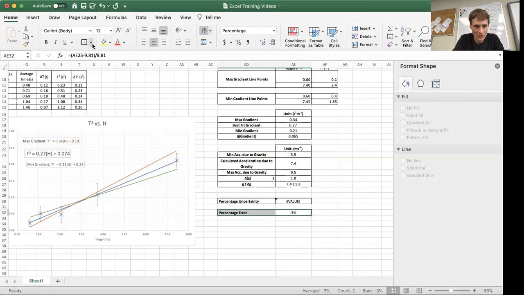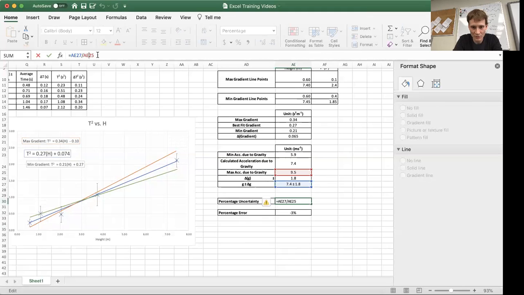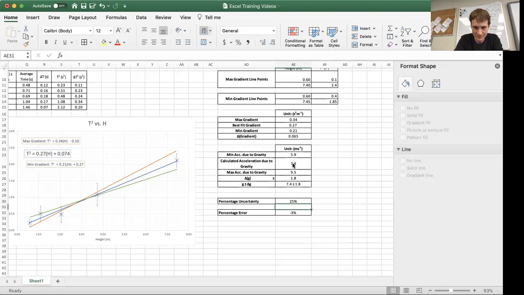And it is also yelling at me because I've moved the value without adjusting what it's referencing here. So this is just the percentage uncertainty. It's the uncertainty divided by the acceleration due to gravity. And this was the percentage error. So instead of 825, this is 824. Should be good to go.